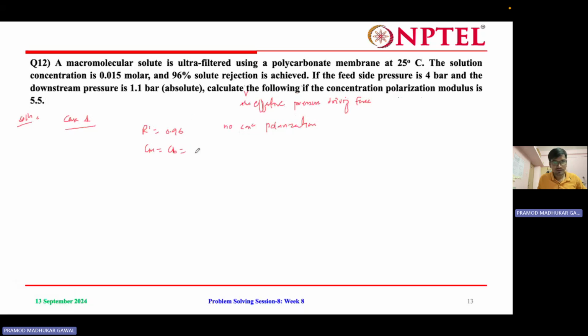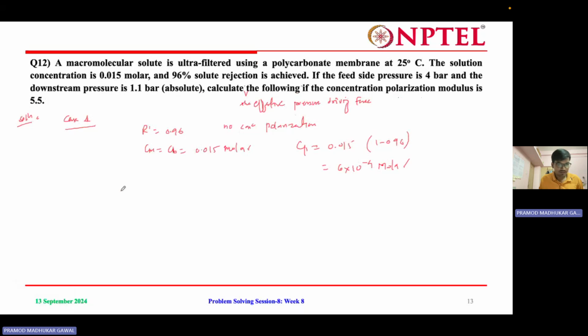It's 0.015 molar, right? So Cp is 0.015 into 1 minus 0.96, right? So Cp is 6 into 10 to the power minus 4 molar.